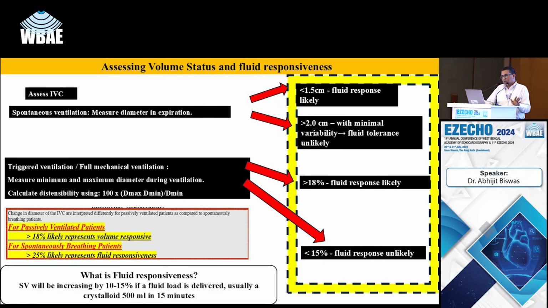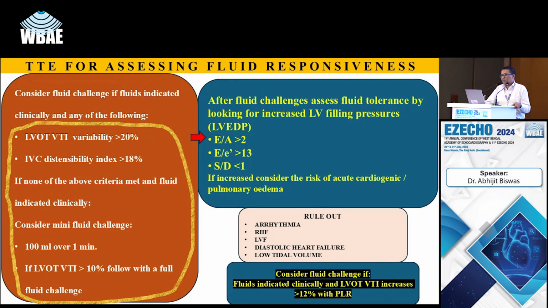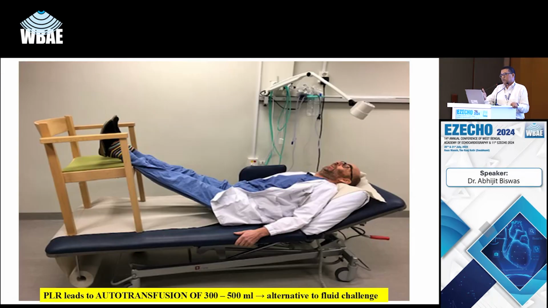Now, in atrial fibrillation, I think Dr. Dey has dealt enough with how to assess the LA pressure in atrial fibrillation. And I was listening to the diastology lecture in the morning. There is a recently published guideline by the British Society of Echocardiography. They have used LA strain to categorize the intermediate group, whether it's reduced diastolic compliance or normal diastolic compliance.